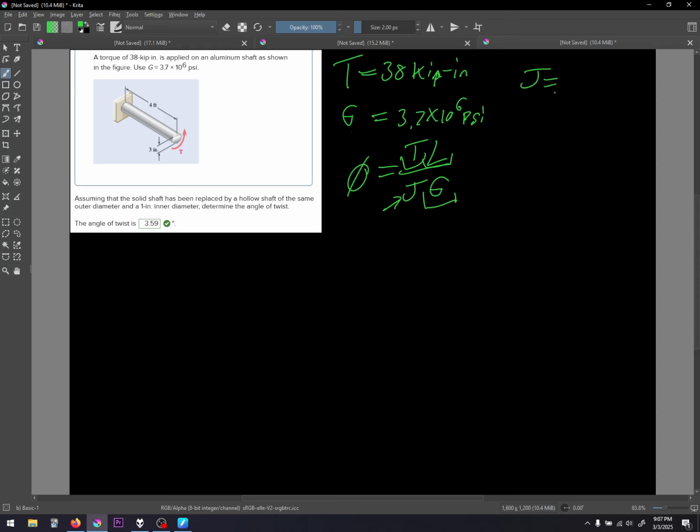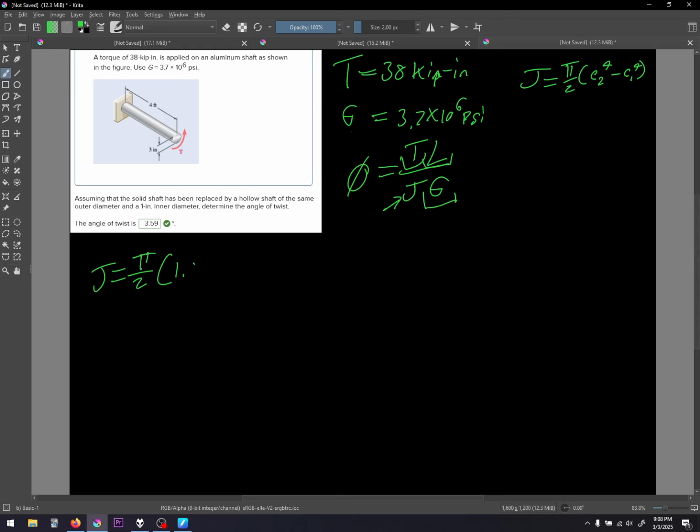J for a hollow shaft is equal to pi over 2 times C2 to the 4th minus C1 to the 4th. So J in this case is going to be equal to pi over 2. C2 is going to be the outer, and C1 is going to be the inner.